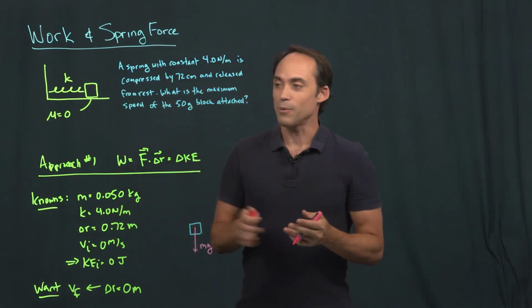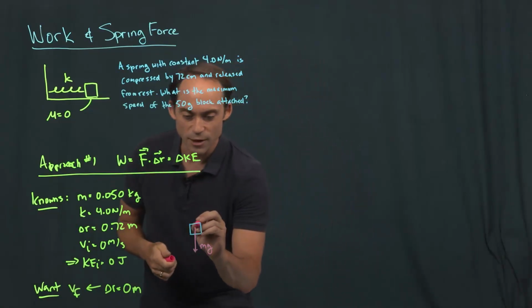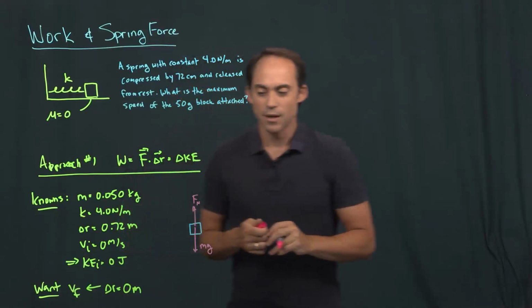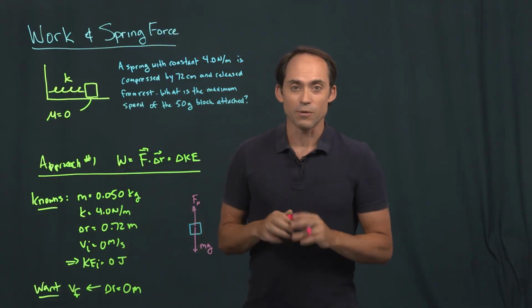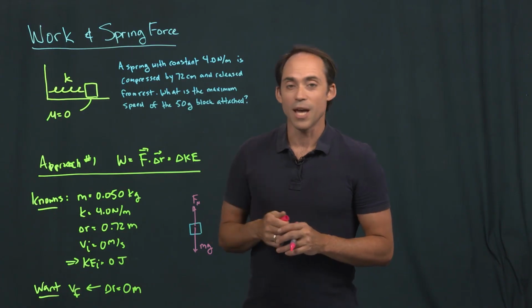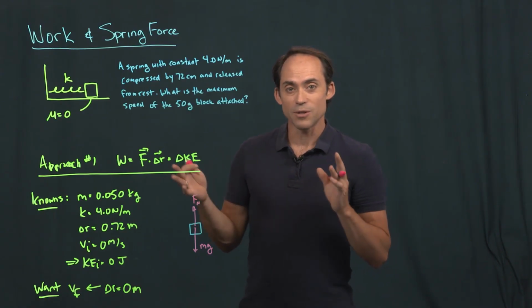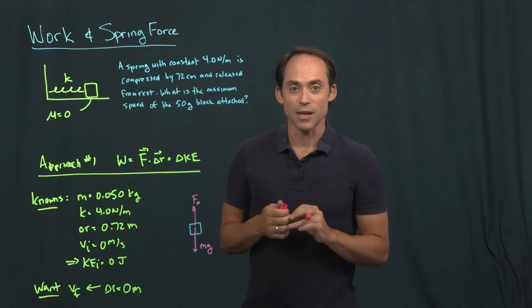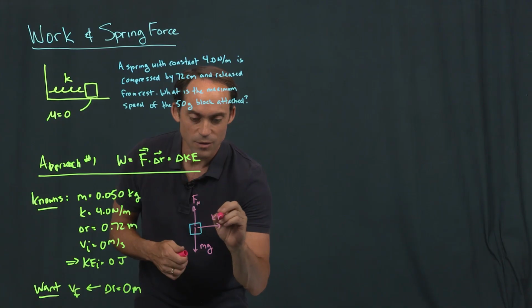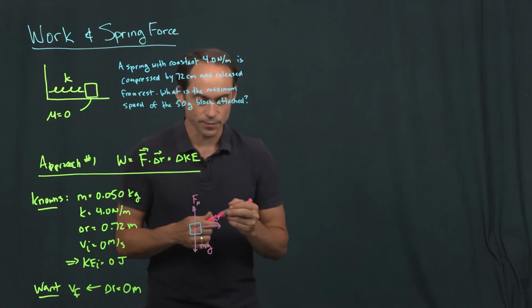And it's in contact with the horizontal surface, so there's going to be a normal force acting on the block. But because the friction is equal to 0, we've assumed no friction, there's no friction force acting at this contact. And finally we have the spring force, and because the spring is compressed, it's going to be pushing the mass outwards, and so that spring force is acting in this direction, k times r.